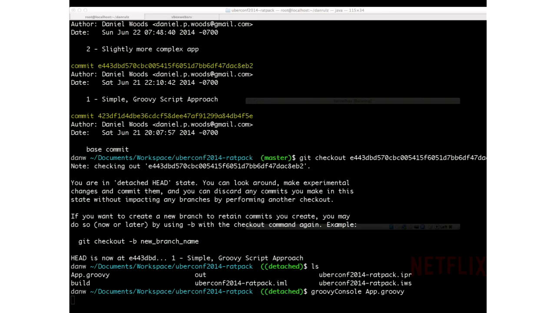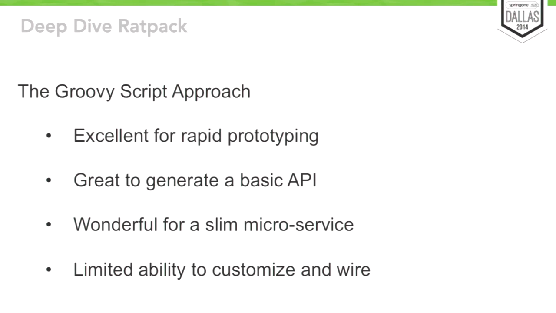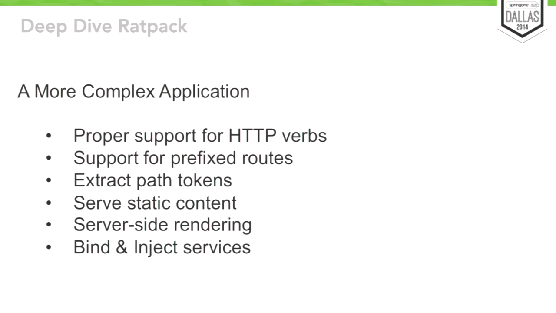So the Groovy script approach is definitely the easiest and fastest start, and that's in no small part an attribute of both Groovy and of the Ratpack core APIs, being able to support that. So for a more complex application, we have proper support for HTTP verbs.